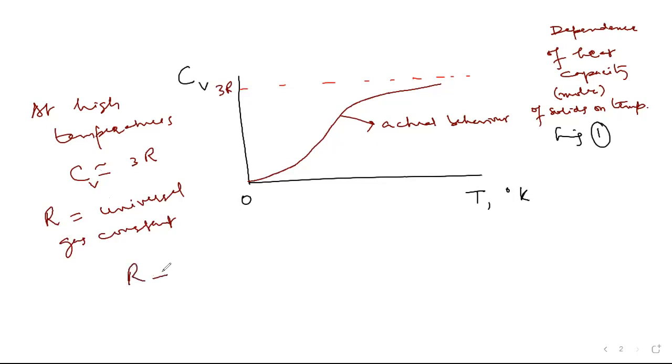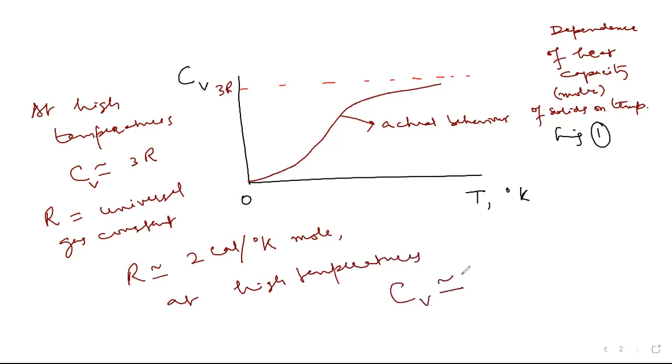And you know R is approximately 2 calories per degree Kelvin mole. So at high temperatures, CV is approximately 6 calorie per degree Kelvin mole, because it's 3 times R, 3 times 2 is 6. So at high temperatures, CV is 3R, which is 6 calorie per degree Kelvin mole, right?